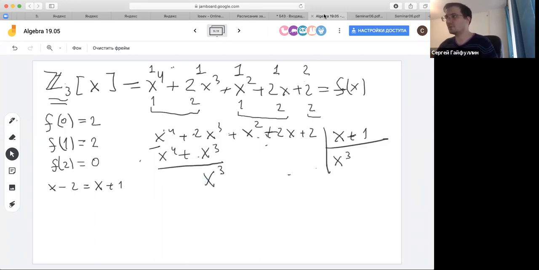Here is x squared plus just x and plus 2.